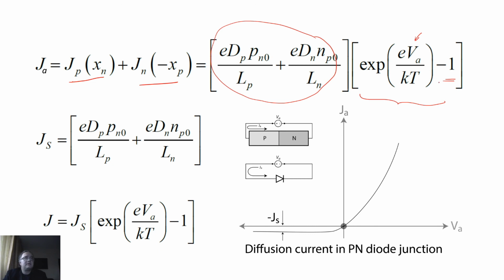But what is remarkable here is that it saturates. It saturates actually to the value which is given by this coefficient, Js. And this is the reverse saturation current of the diode. So this, as you can see, is a technological constant which is given in many manuals.